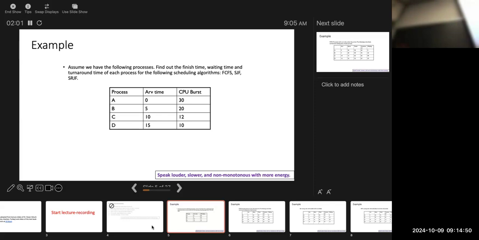You just need to change the algorithm and then find these waiting times, turnaround time, finish time. Don't get confused from this one, so I'm deleting the waiting. You can look at the slide.